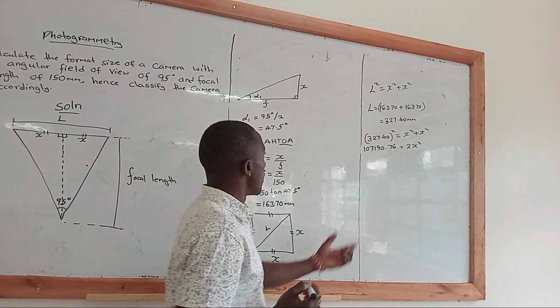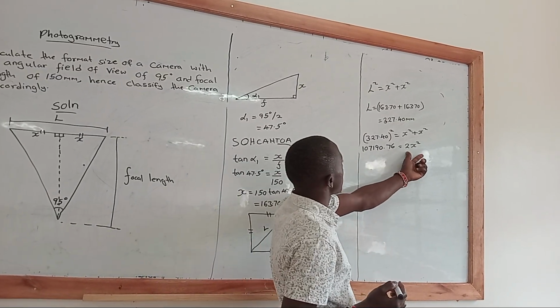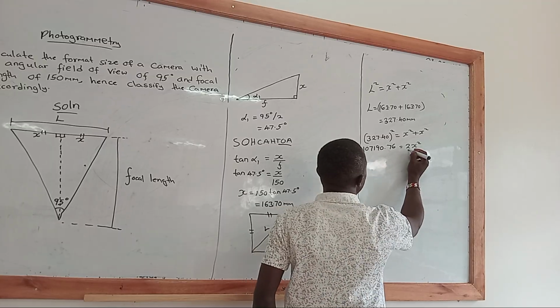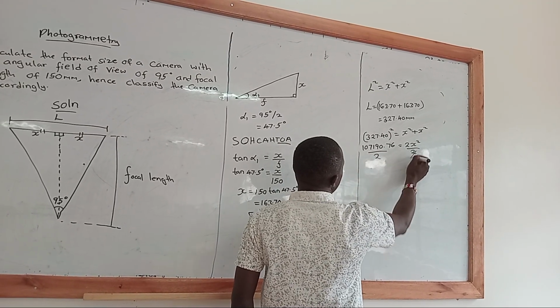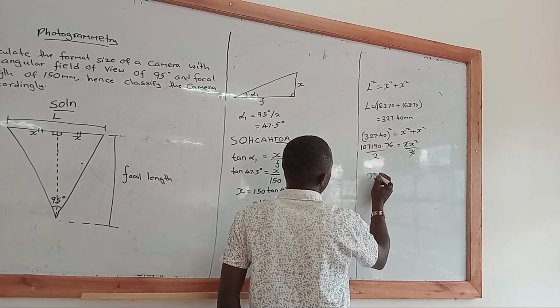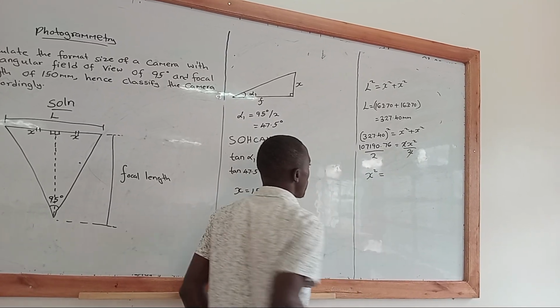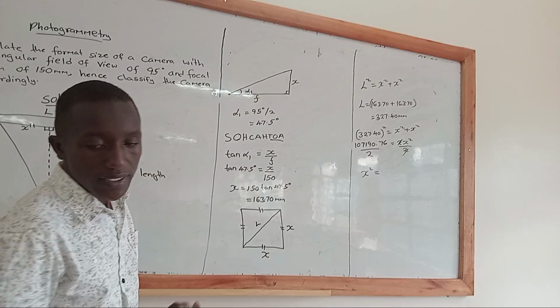So for me to remain with x squared, you have to divide both sides by 2. Then the 2 goes. You remain with x squared.